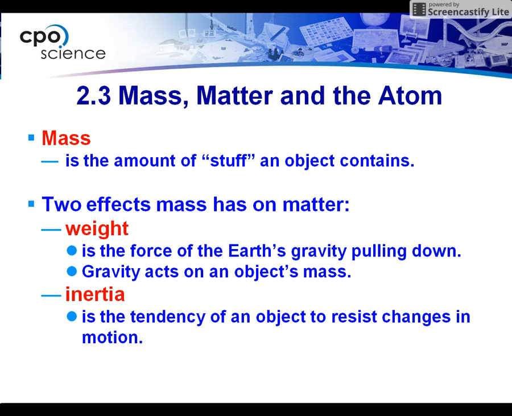That's resisting change. So if it was at rest, it tends to stay at rest. If it was in motion, it tends to stay in motion. Those are the two effects that mass has on matter. Inertia really comes from the fact that you have mass. That's what gives you that thing called inertia.